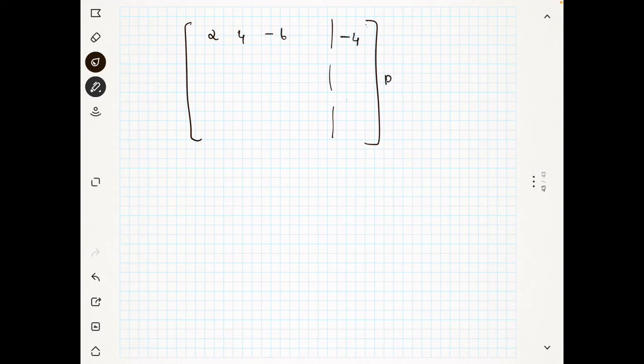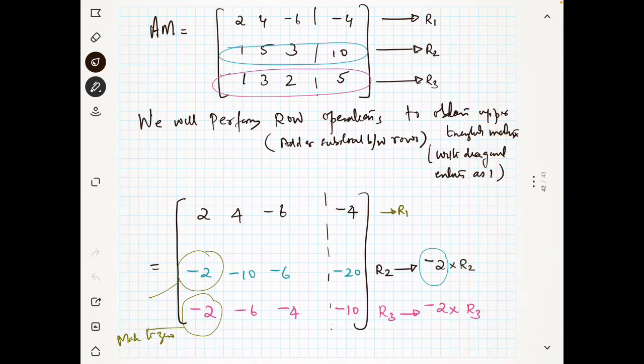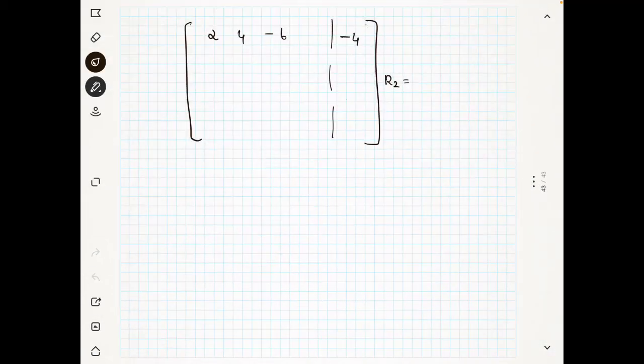Now I am going to change my row 2. In row 2 there is minus 2 here, so I will add row 1 to it. I am going to change row 2 to row 1 plus row 2.